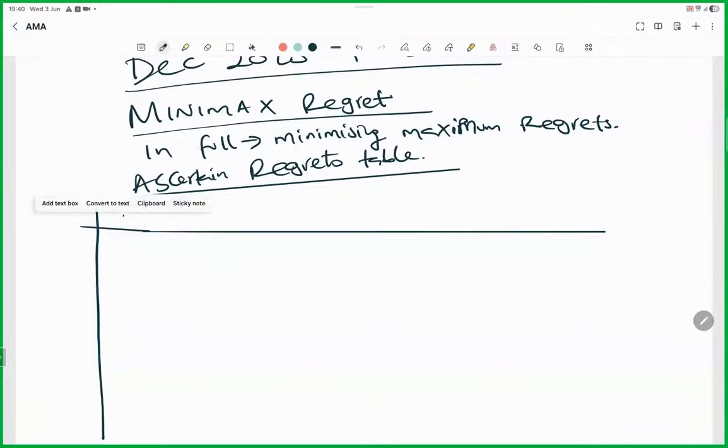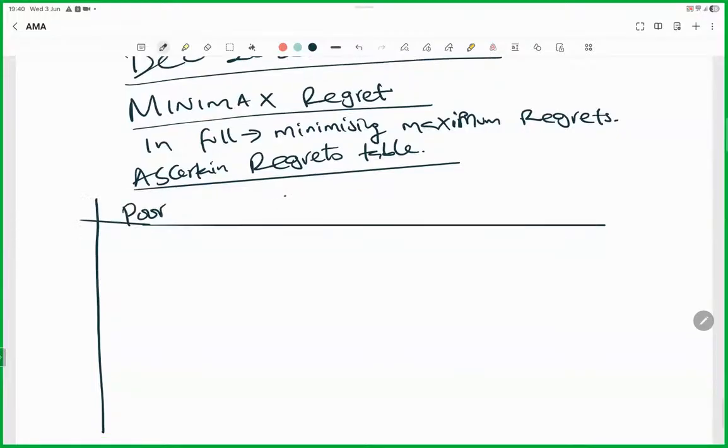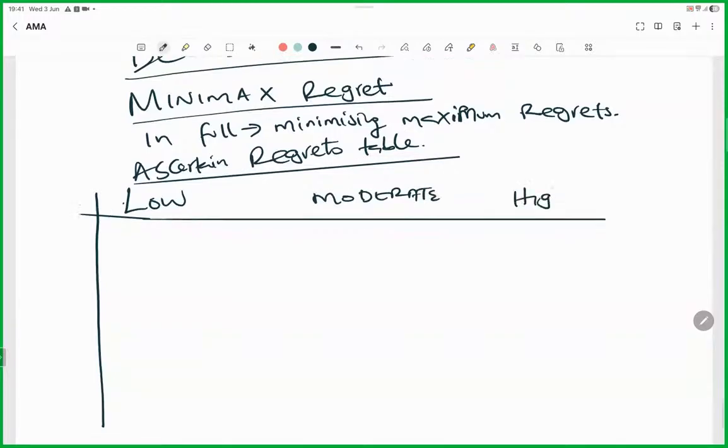State. Low, moderate. Sorry. Low, moderate, and high. So low, moderate, and a high, isn't it? And a high.